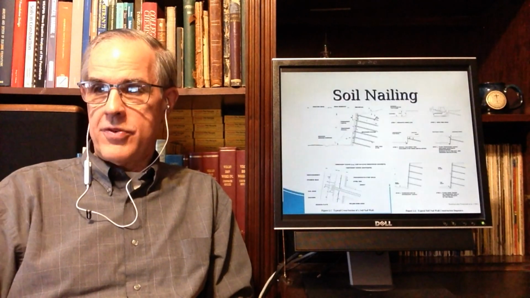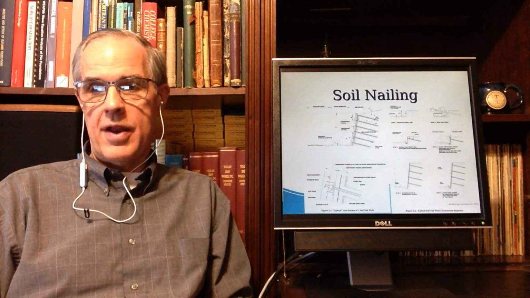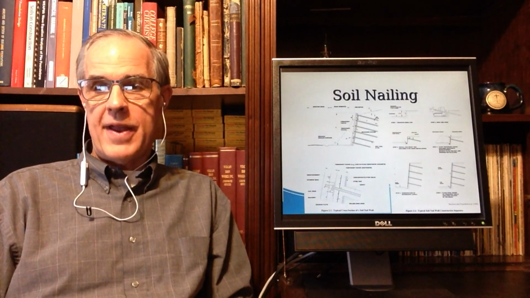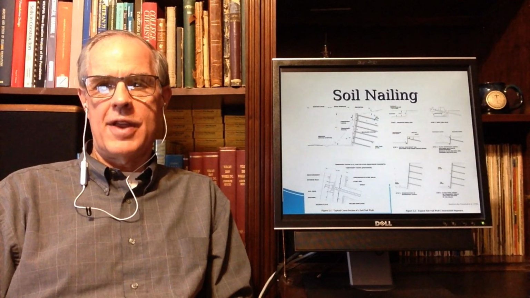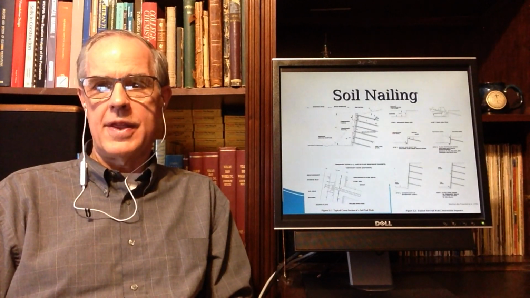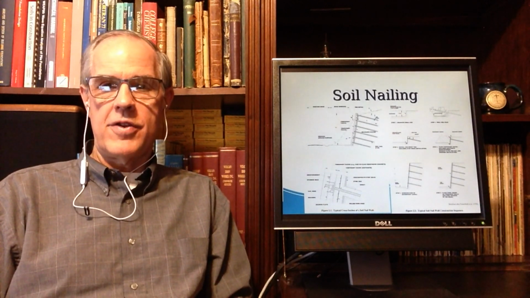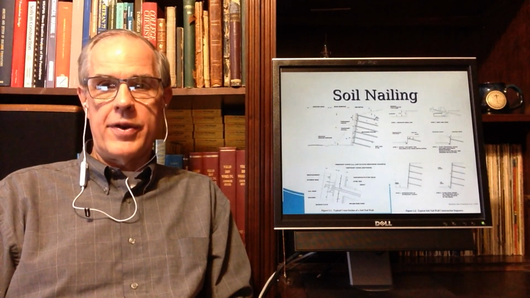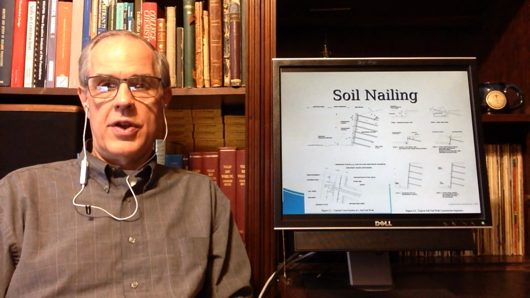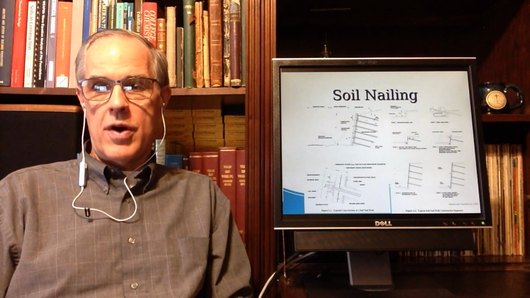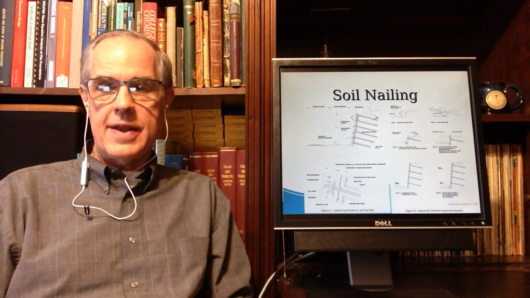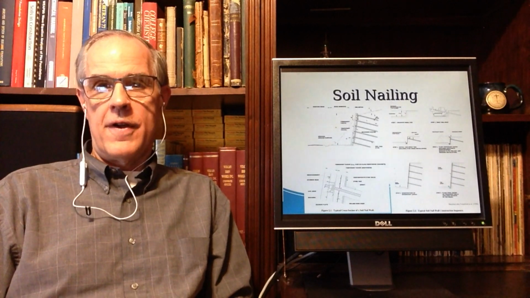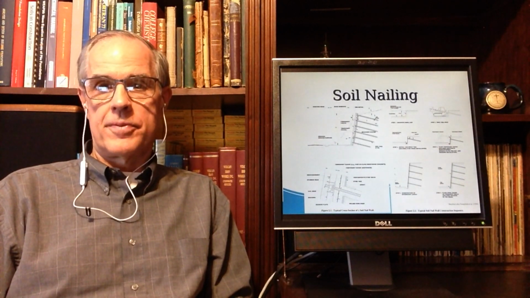The other thing I want to mention briefly is soil nailing and its close cousin, rock nailing. Soil nailing is basically the same concept as the MSE wall, but the reinforcement is different. Instead of using geogrids or strips, they generally use grouted rods, which basically hold the wall in place. The idea again is to have a mass of soil help reinforce the wall into position.